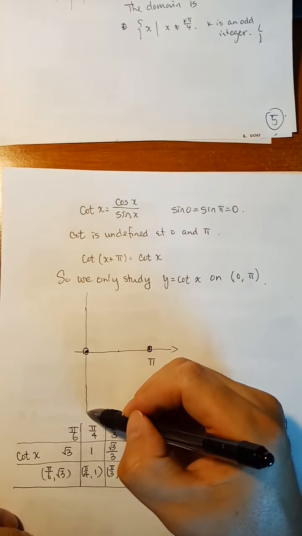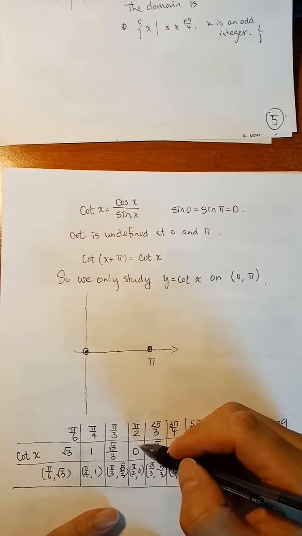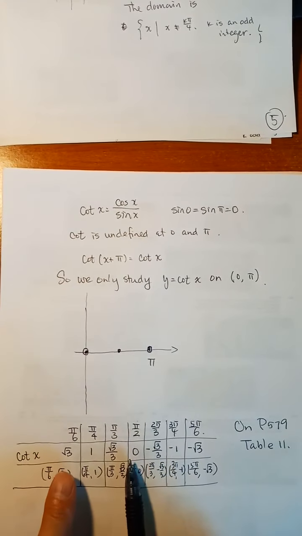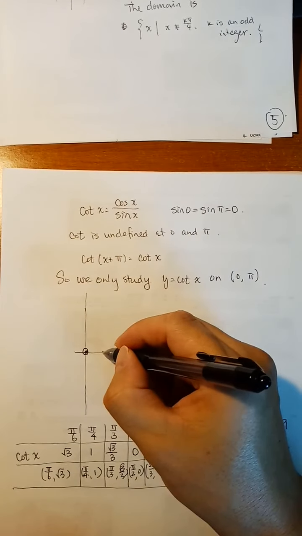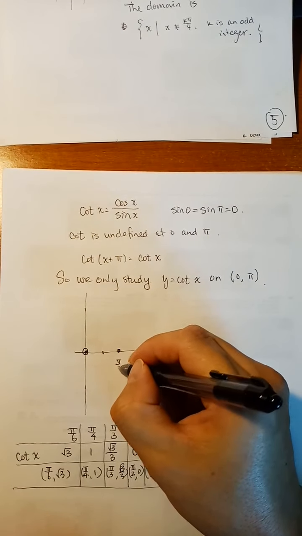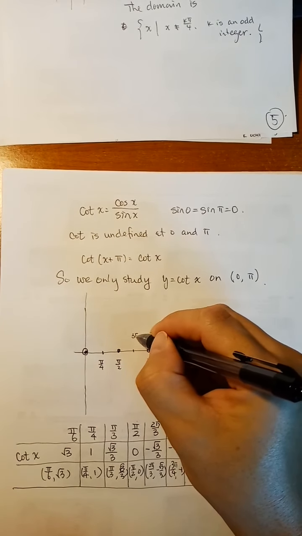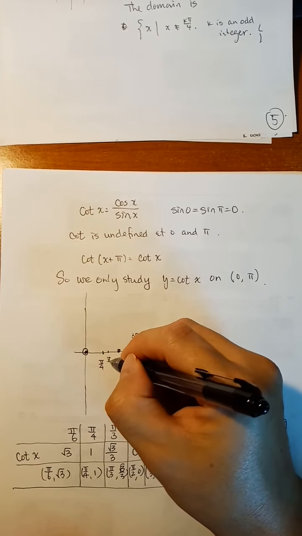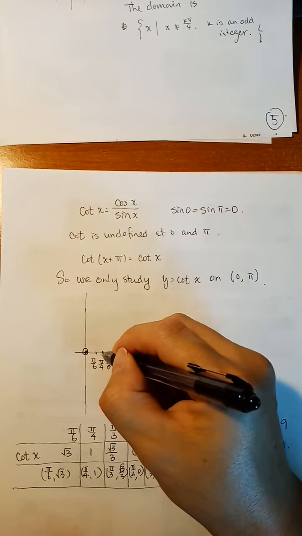So, okay, after you get this table, you are going to label them. Cotangent of pi over 2 is 0. And for the cotangent, this part is positive, this part is negative. So let's say this is pi over 4, this is pi over 2, and here you have 3 pi over 4. And then this is pi over 3, this is pi over 6.